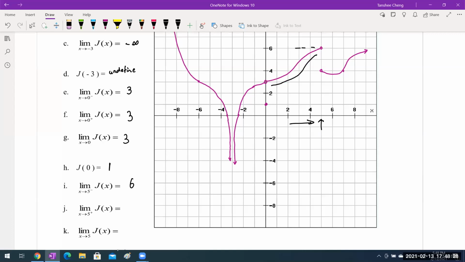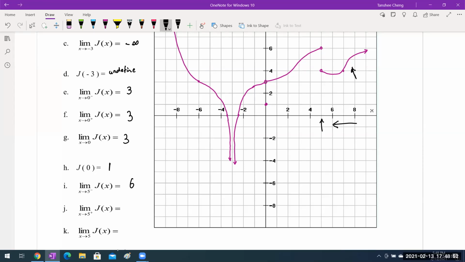Now for the next example, this time we want the limit as x approaches 5 from the right-hand side. To find the limit of the function j from the right-hand side, we need to use this portion of the graph.